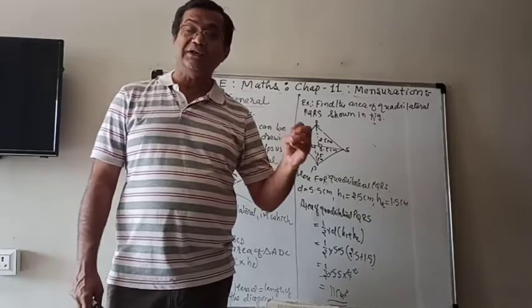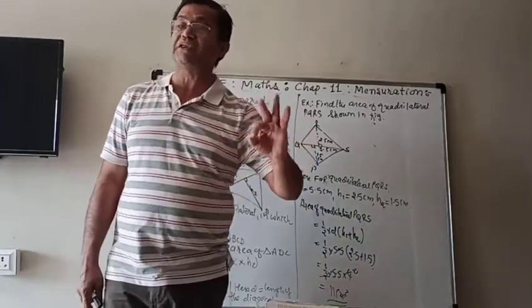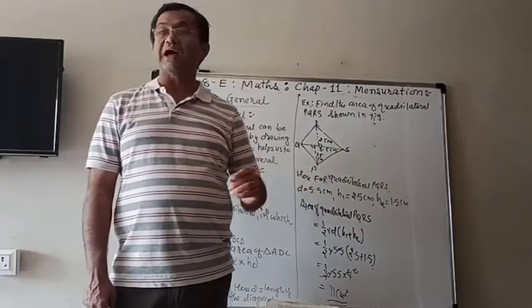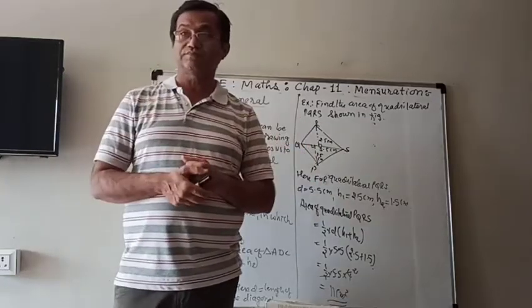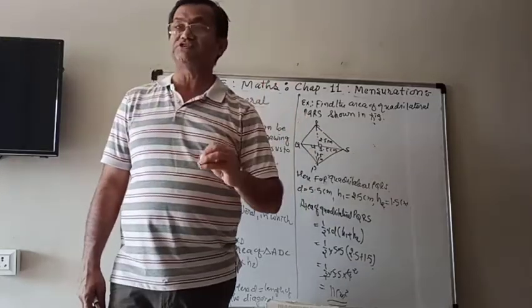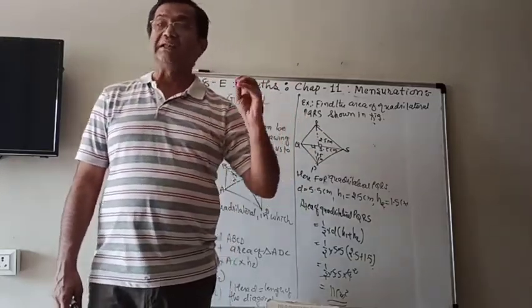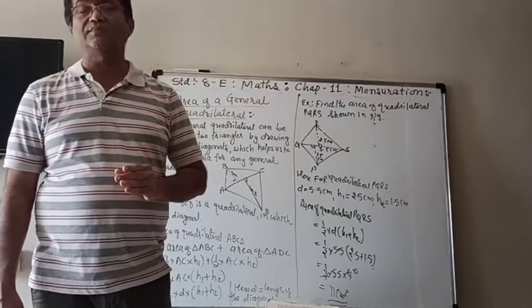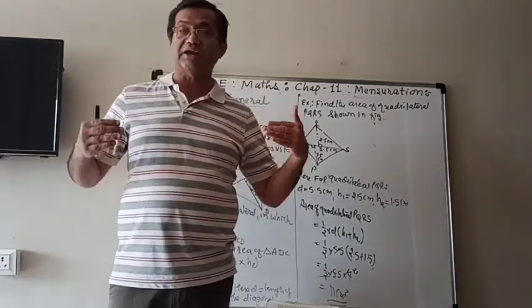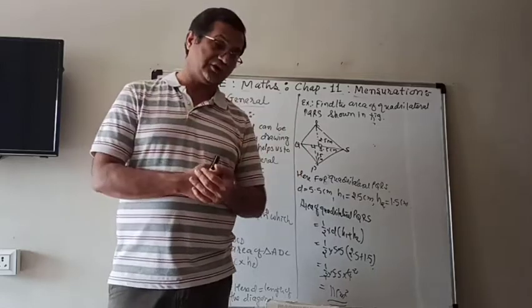And second, we learned the area of any general quadrilateral. For that, we need to know the diagonal and the two heights. So half into D into bracket H1 plus H2, where D is the length of that diagonal and H1 and H2 are the heights that are drawn on the diagonal.